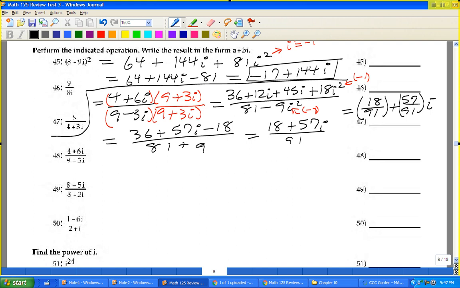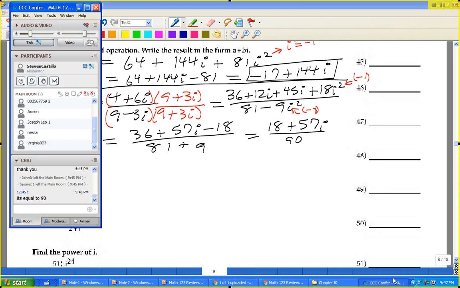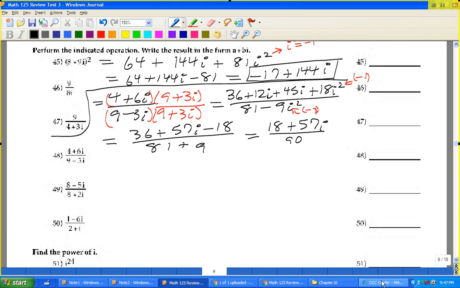Okay. So that finishes off that number. Why is 81 plus 9 91? What the heck? That's probably the question. I have no idea. Okay, but luckily that means you can factor things out then.